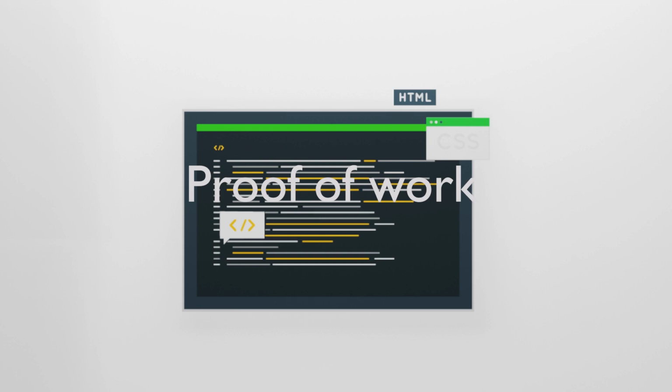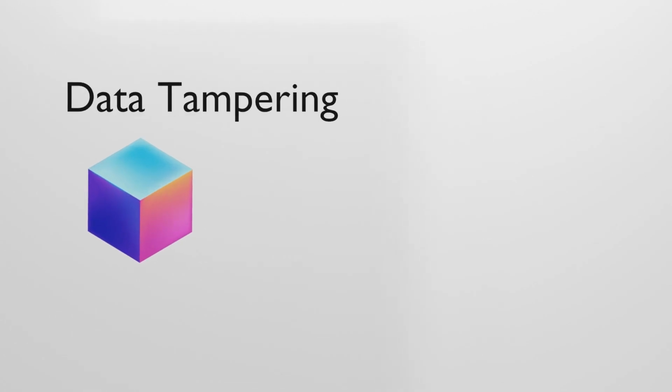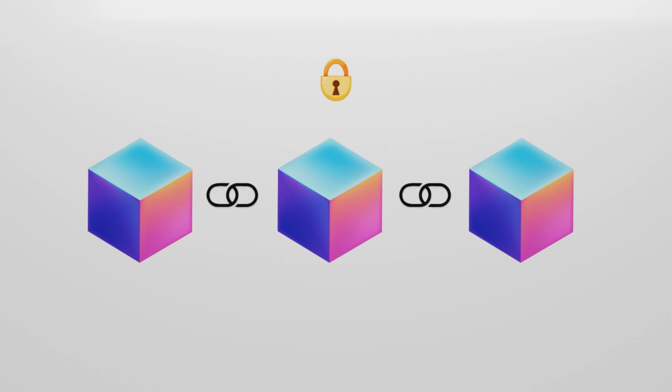In case of bitcoins, it takes about 10 minutes to calculate the required proof of work and add a new block to the chain. This mechanism makes it very hard to tamper with the blocks because if you tamper with one block, you need to recalculate the proof of work for all the following blocks. So, the security of a blockchain comes from its creative use of hashing and the proof of work mechanism.